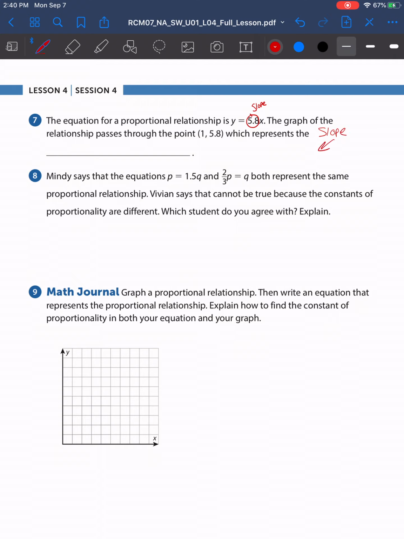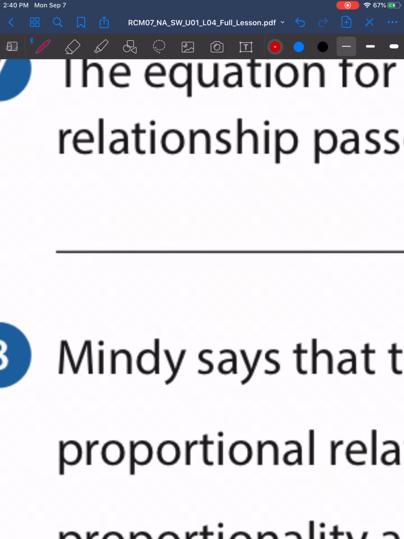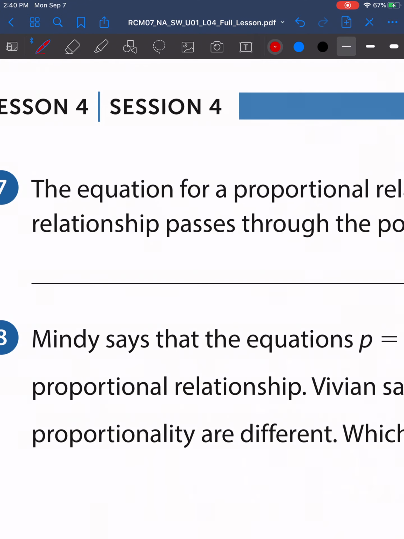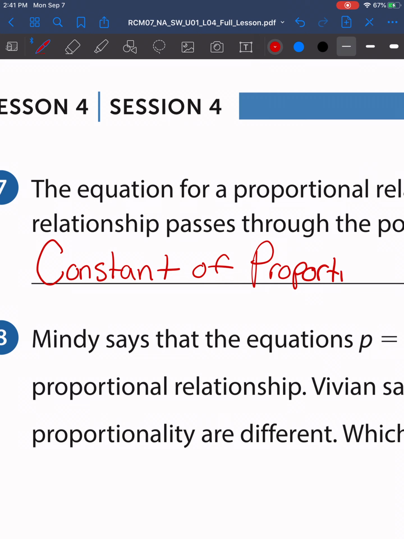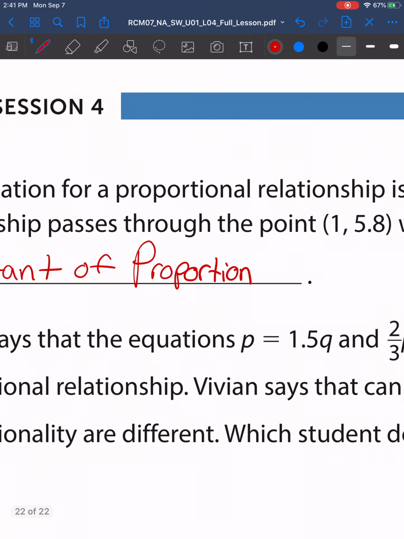But what's the big word we've been using to mean slope? The two big words we've been using to mean slope are constant of proportionality.